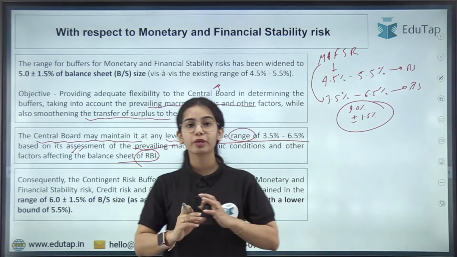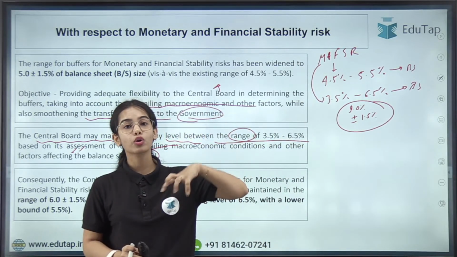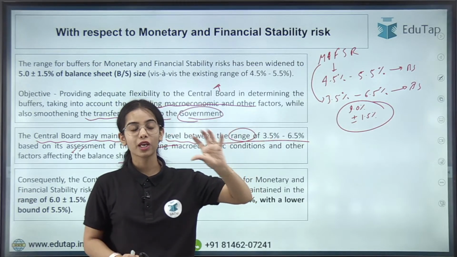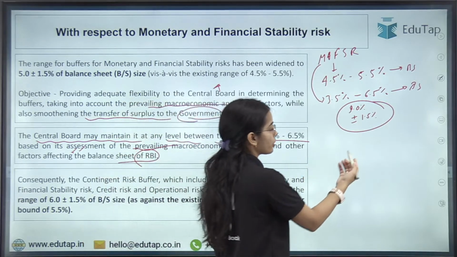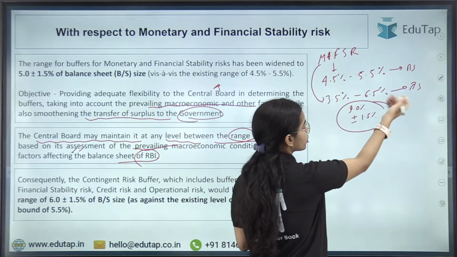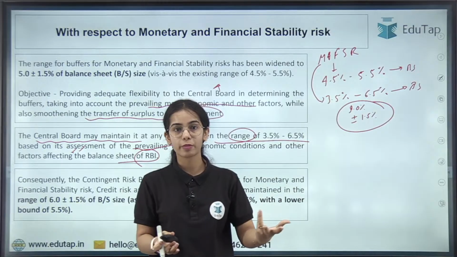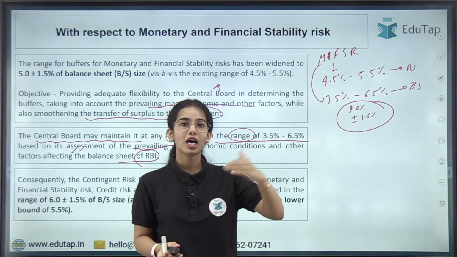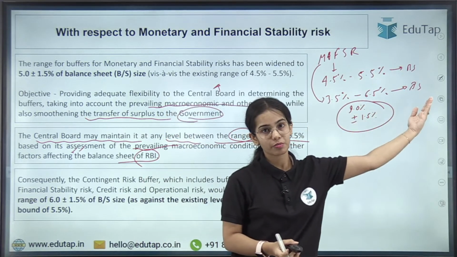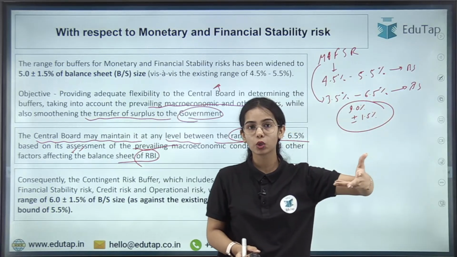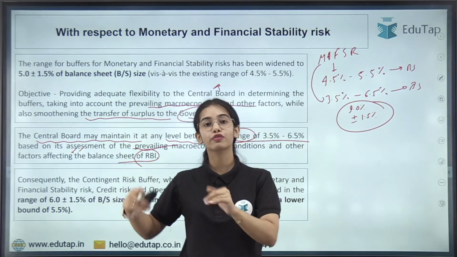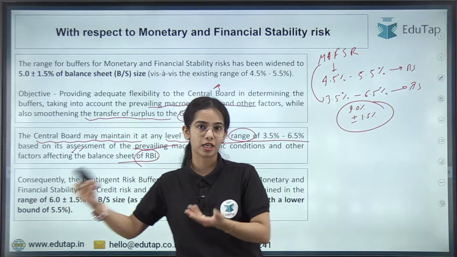When the RBI feels that right now there is a lot of surplus, or a lot of money is going to the government of India, or a lot of income has been generated by the Reserve Bank of India, RBI can also maintain higher buffers, because RBI thinks that we have earned a lot, so we can maintain higher buffers for the problems that can come in the future.